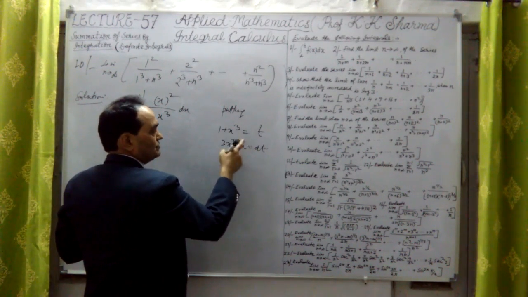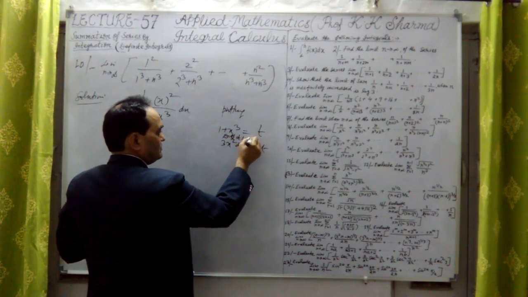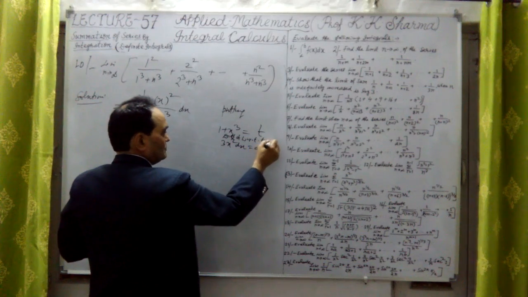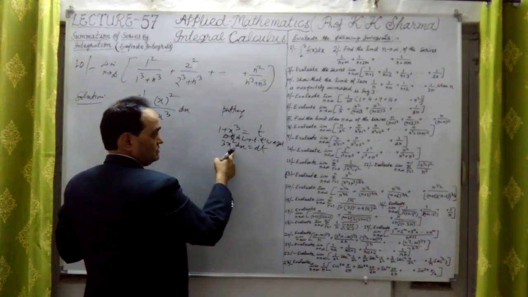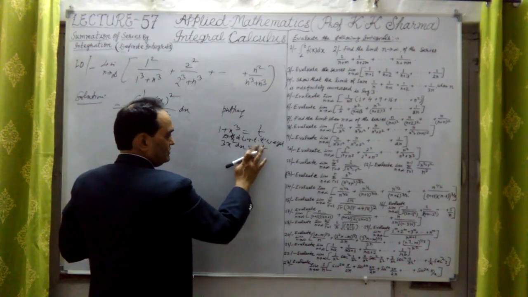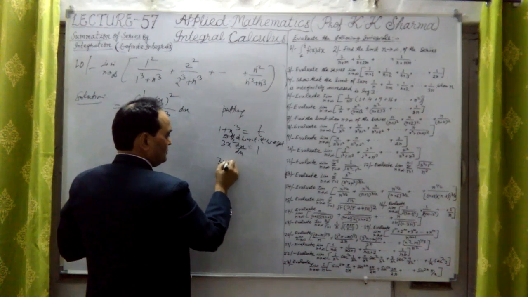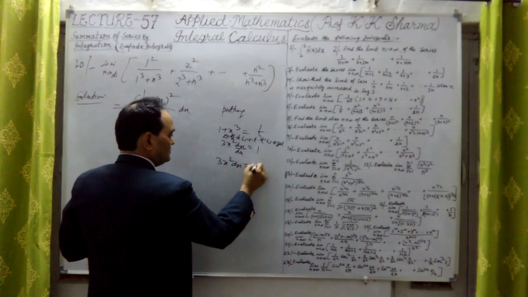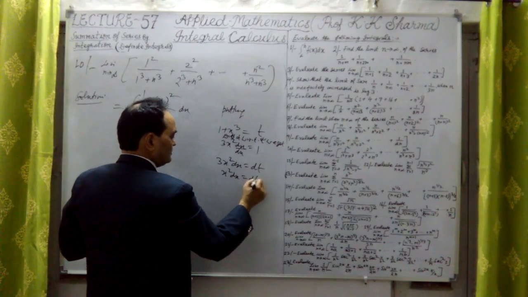Differentiating with respect to x, we get 3x square, dx upon dt equal to 1, or 3x square dx equal to dt, or x square dx equal to dt by 3.